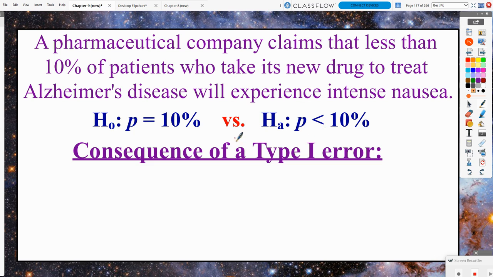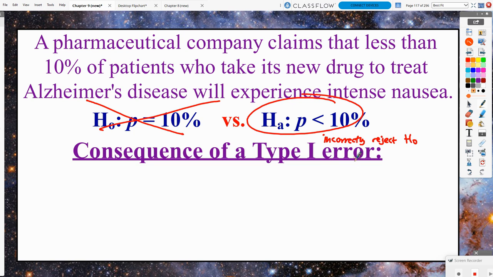So what's a consequence of making a type 1 error? Well, we got to remember, what was a type 1 error? A type 1 error is when we incorrectly reject the null hypothesis. We think this is the truth, but we incorrectly do that.